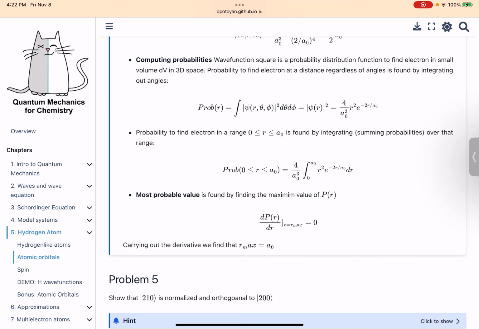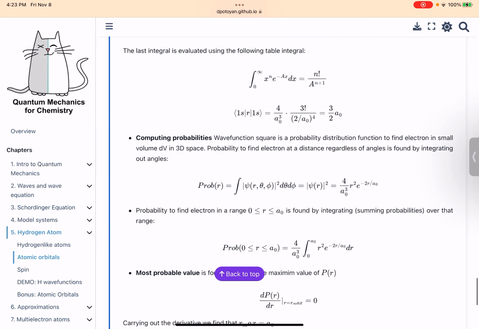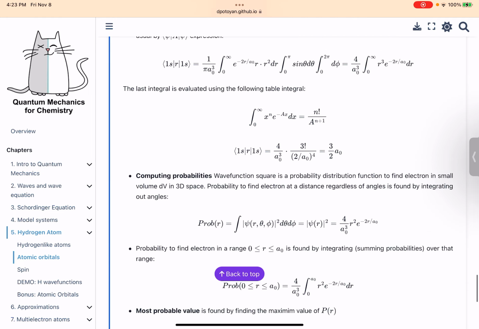And if you want to find the most probable value, then you have to take the derivative with respect to r and set it to 0, and by solving it you'll find the r maximum. Those are the typical calculations that we've done with wave functions, and the only difference here is that we have 3 more variables to worry about, and we have the volume element with this factor of r squared sine theta. But if we can get over this fact, then at least we can write down the expression.